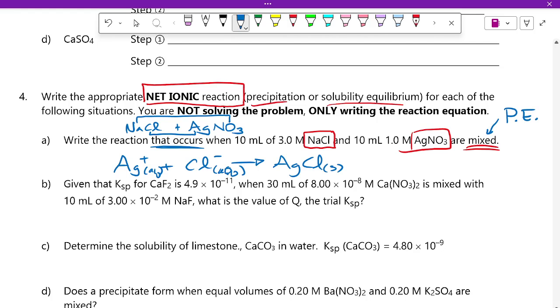Given the KSP for calcium fluoride is 4.9 times 10 to the negative 11, when 30 milliliters of calcium nitrate is mixed with 10 milliliters of 3 molar sodium fluoride, what is the value of Q, the trial KSP?